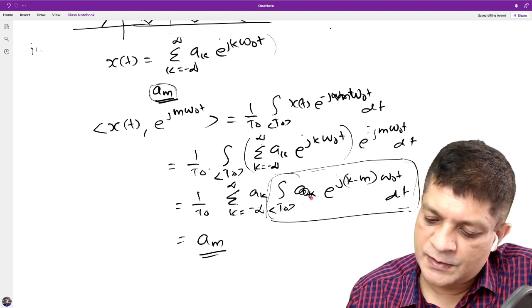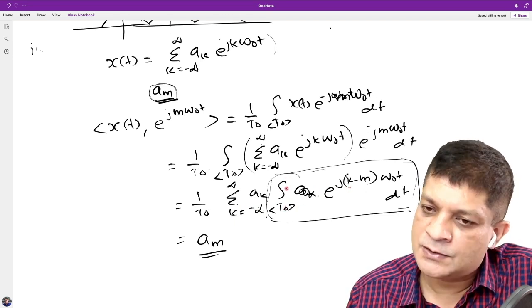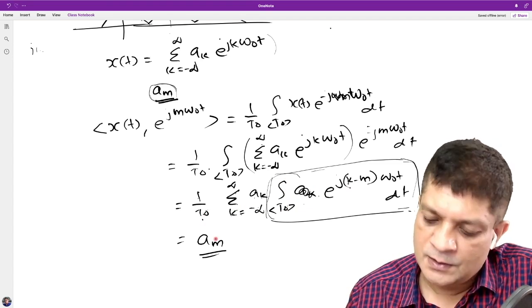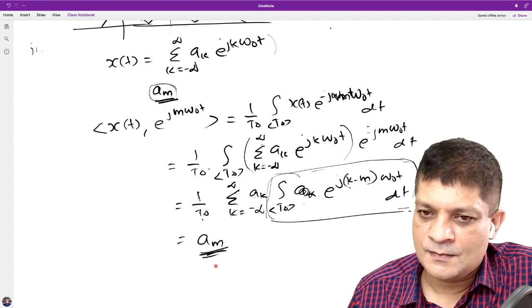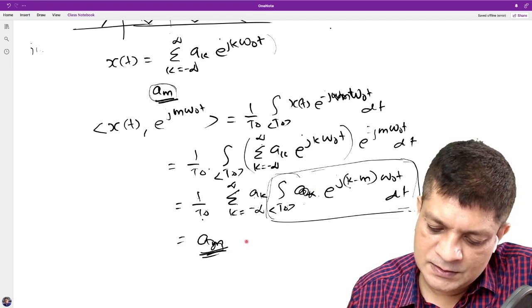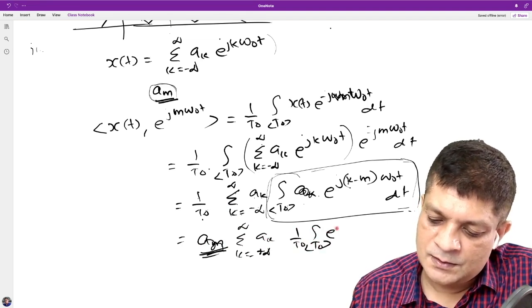And for that value, the integral over t, when k is equal to m, is 1, since t naught by t naught is 1. So it is a m. We can write this as the summation over k from minus infinity to infinity of a k into 1 upon t naught integration over t naught of e to the power j (k minus m) omega naught t dt.